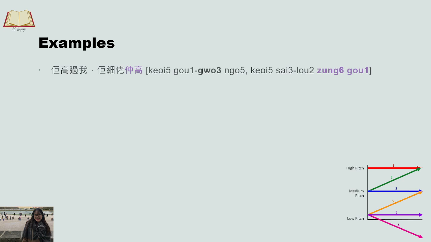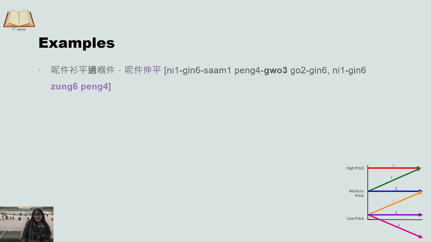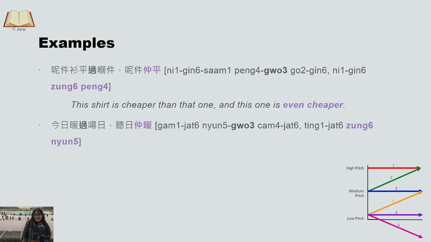佢高過我，佢細佬仲高。He is taller than me, and his younger brother is even taller. 呢架車快過嗰架，呢架仲快。This car is faster than that one, and this one is even faster. 呢件衫平過嗰件，呢件仲平。This shirt is cheaper than that one, and this one is even cheaper. 今日暖過尋日，聽日仲暖。Today is warmer than yesterday, and tomorrow will be even warmer.